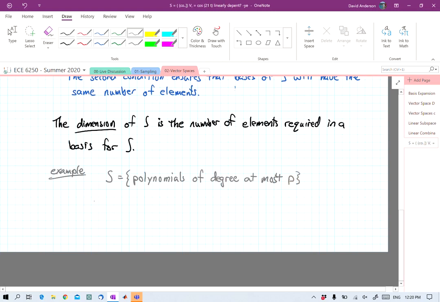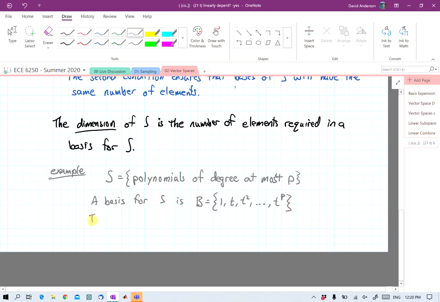Then there could be many bases for these, but one of them is the set 1, t, t squared, all up to t to the p.